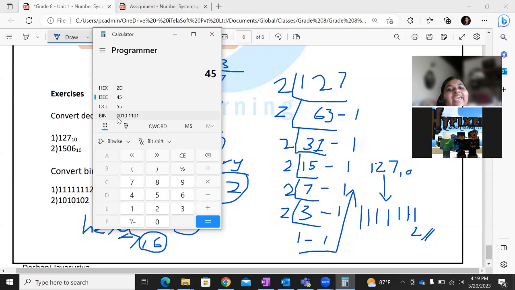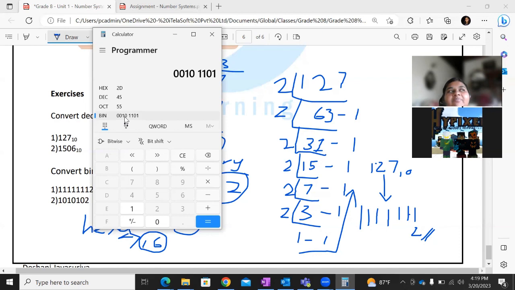Because it is going for 8 digits, they're adding 2 zeros in the beginning, right? So whenever it is going beyond 4 digits, this is showing as 2 digits as zeros and getting an 8-digit value, right? That's how the programmer calculator is programmed, to give a value in 8 digits.